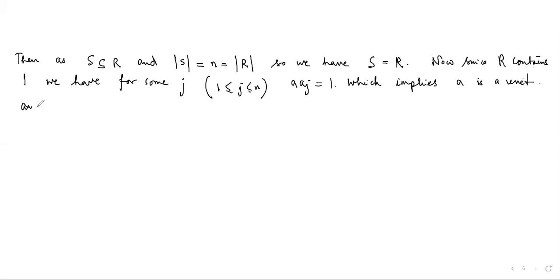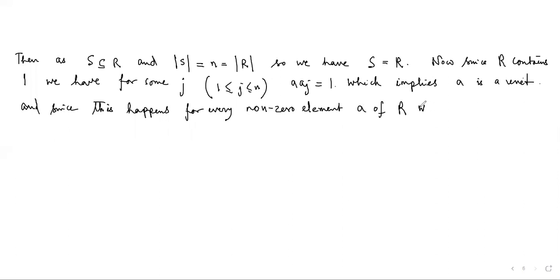And since this happens for every non-zero element a of R, we have R is a field. So this completes our proof that every finite integral domain is a field.